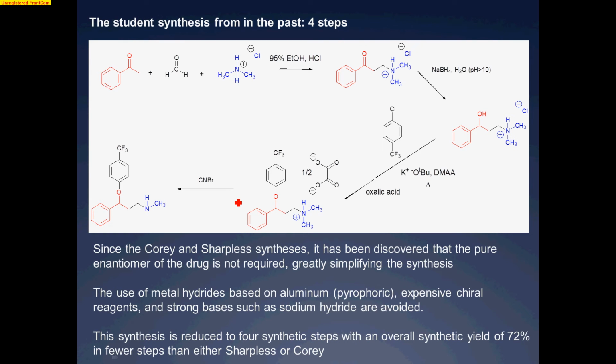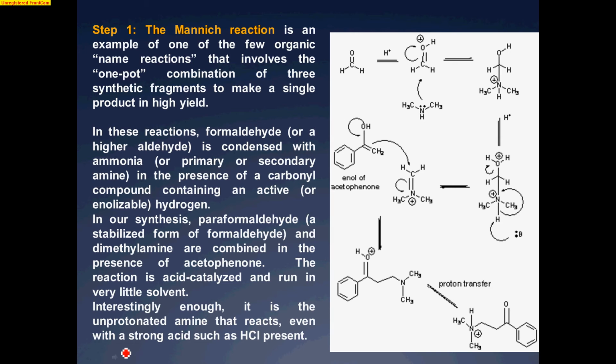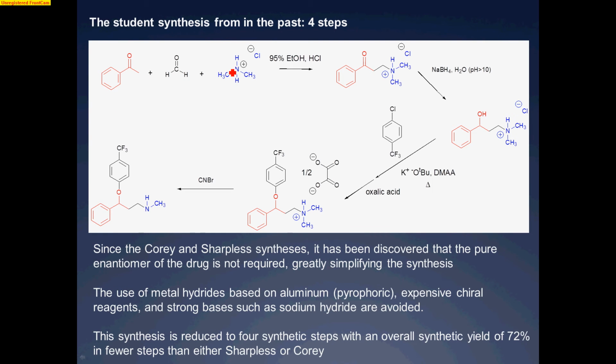The synthesis that we are going to be doing is a little bit different. We are going to start out with something that is referred to as a Mannich reaction. What we are going to do is take this molecule and react it with dimethylamine to form a transient imine.